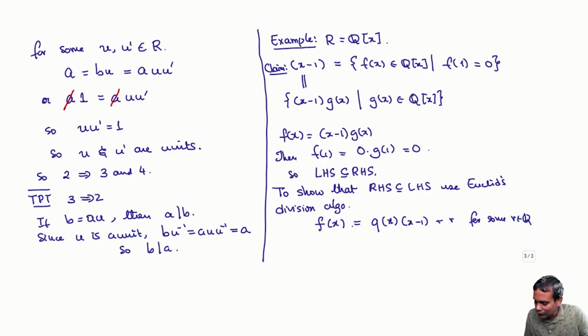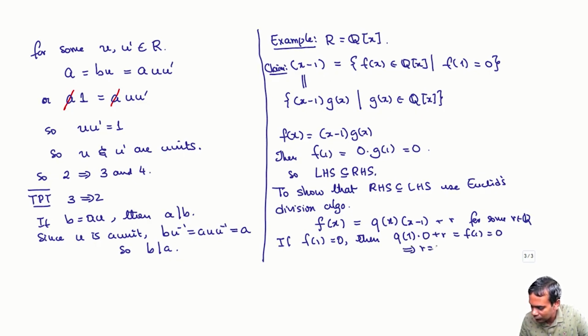Now this is true for any polynomial. Now if f(1) equals 0, then substituting x equals 1 on both sides, we have q(1) times 0 plus r is equal to f(1), which is equal to 0, which implies that r equals 0. So that means that f(x) is divisible by x minus 1.